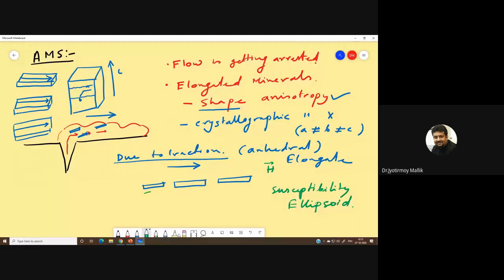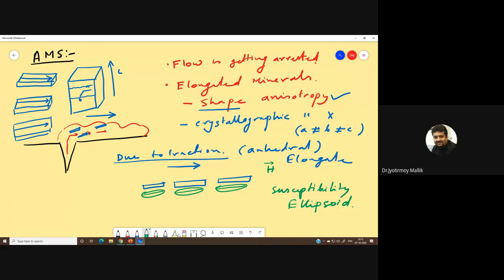So what I will observe is that my anisotropy ellipsoids, or the susceptibility ellipsoids, will also align themselves along the direction of the flow, that is, the direction of the arrangement of the crystals. So that means the K1 will be directed along my direction of flow.